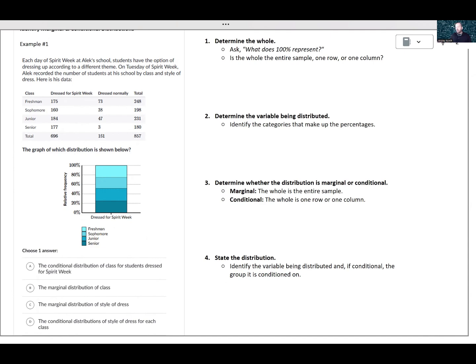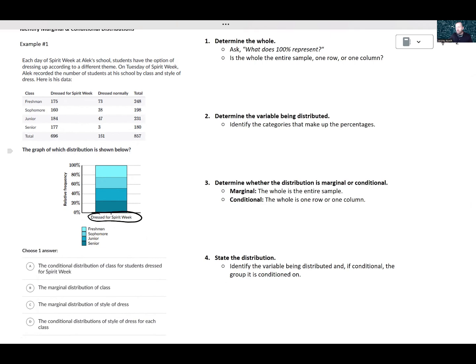And if we look here at the bottom of our bar graph, I think I might have said histogram earlier. If we look at the bottom of our bar graph, we have dressed for Spirit Week as the label for the x-axis. And that's telling us that 100% of the students is students who were dressed for Spirit Week.